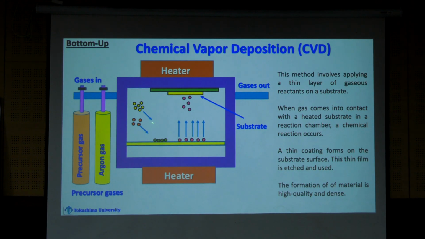So this gas molecule comes here and gets heat, and when they get the heat, they break into species, and these reactive species only deposit on the substrate. Remaining species can come out through the gas out.